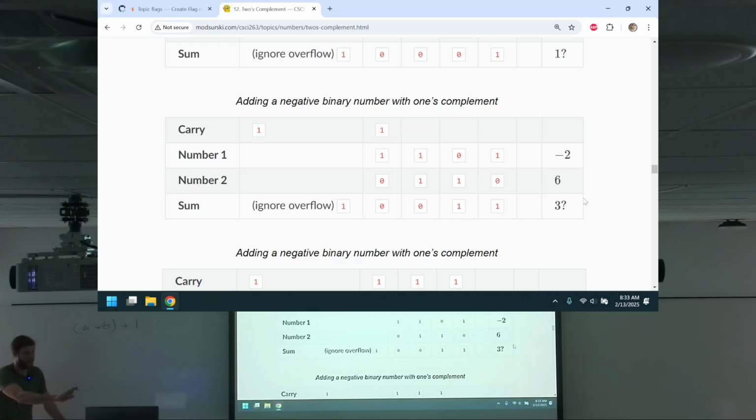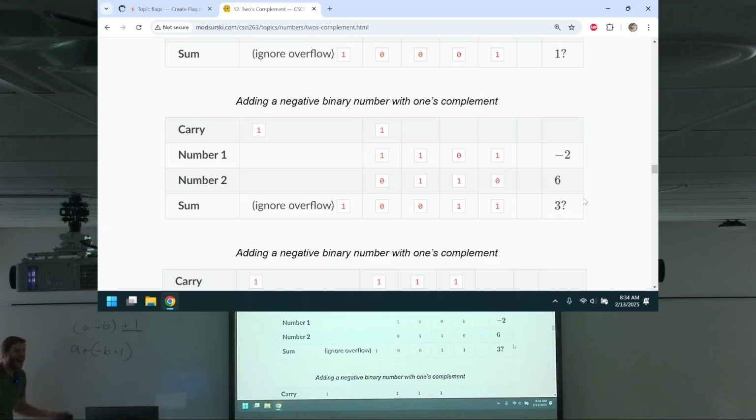Because remember, 1's complement is flip every bit, and then that's it. But it wasn't quite right. We added 1. So the trick we did was, well, bake this plus 1 that we were doing after the addition of a negative number, bake that into the negative number. And why are we allowed to do this? Because a plus negative b plus 1, this is the same thing.